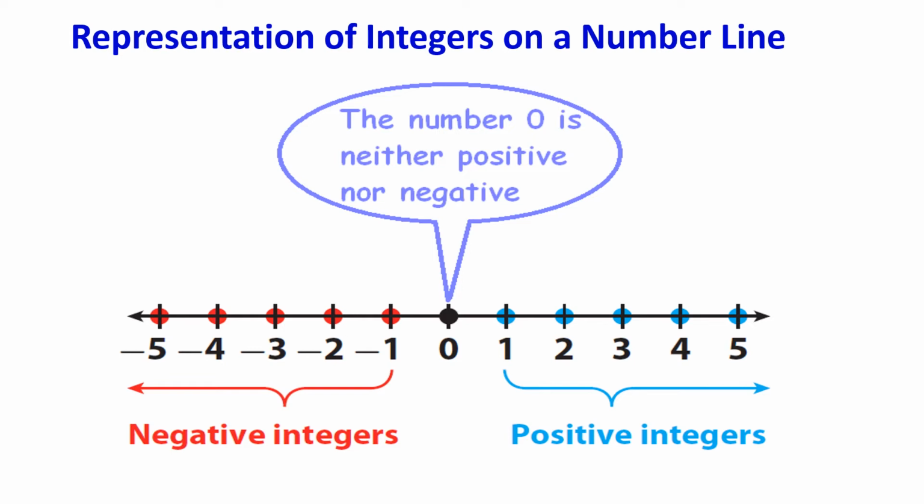Points to the right of 0 are positive integers and are marked as plus 1, plus 2, plus 3, etc., or simply 1, 2, 3, etc. Now points to the left of 0 are negative integers and are marked as minus 1, minus 2, minus 3, minus 4, etc. as shown in the figure. The number 0 is neither positive nor negative.